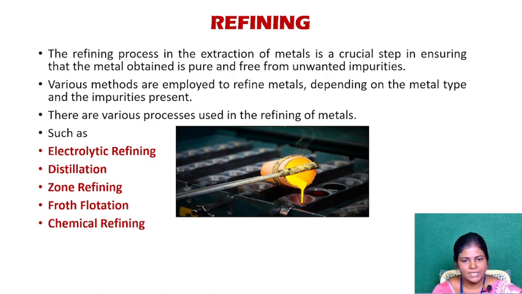There are various processes used in the refining of metals such as electrolytic refining, distillation, zone refining, froth flotation and chemical refining. These are the refining processes that are carried out after the extraction of metals.